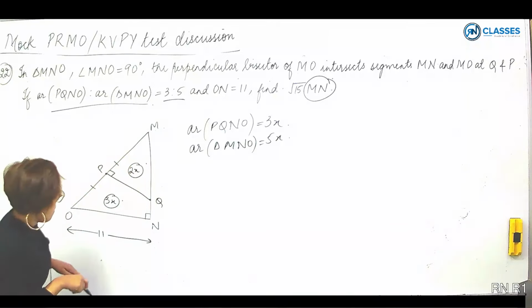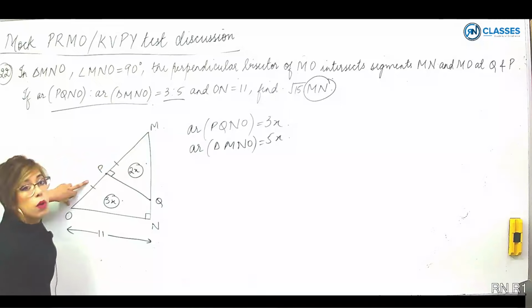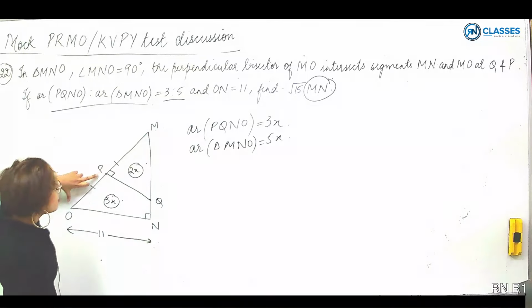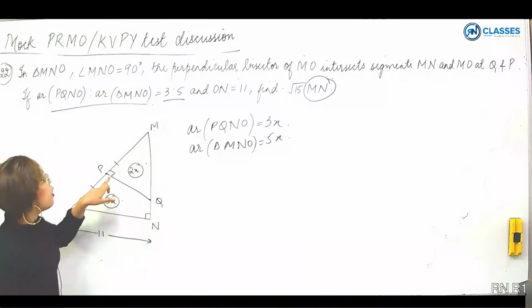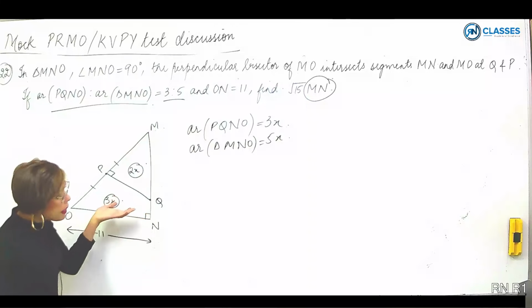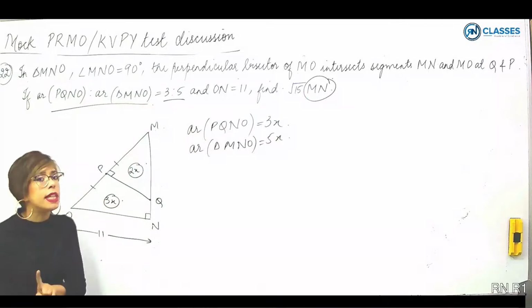Done? Now what else can I use? I have to make use of the fact that MP is equal to PO. This is equal to this. That means somehow some median would be involved. That means QP has to be the median of some triangle. Do you think QP is the median of some triangle right now? Absolutely not. So I have to generate that triangle.